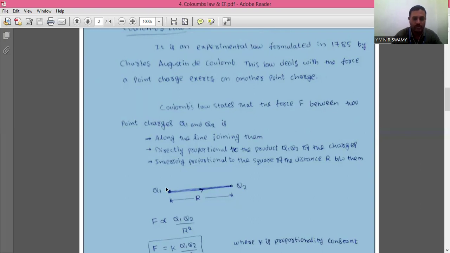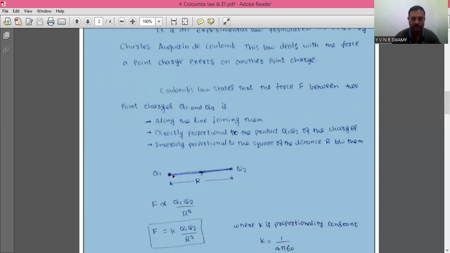Coulomb's law states that the force between 2 point charges Q1 and Q2 is along the line joining them, as well as directly proportional to the product of the two charges Q1 and Q2, and inversely proportional to the square of the distance r between them. That is Coulomb's law.